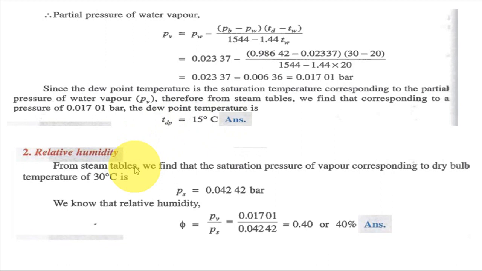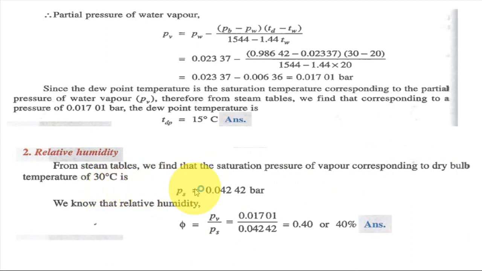Now relative humidity phi equals Pv upon Ps, where Pv is the partial pressure of water vapor that we calculated, and Ps is the saturation pressure of vapor corresponding to the dry bulb temperature. The value of dry bulb temperature is 30 degrees Celsius.